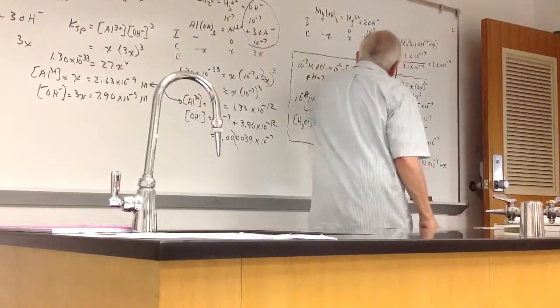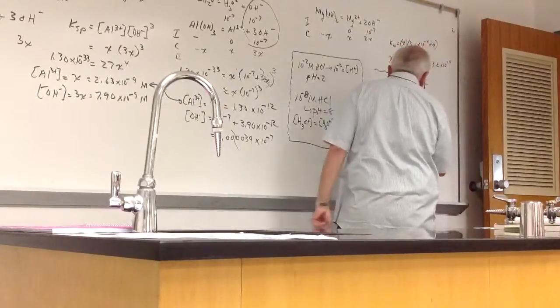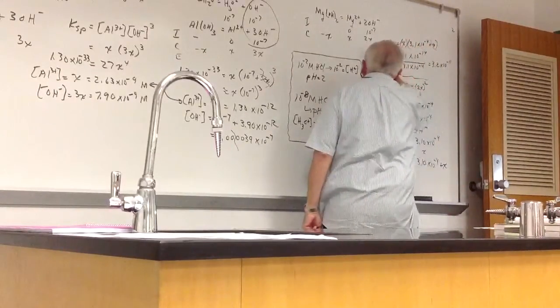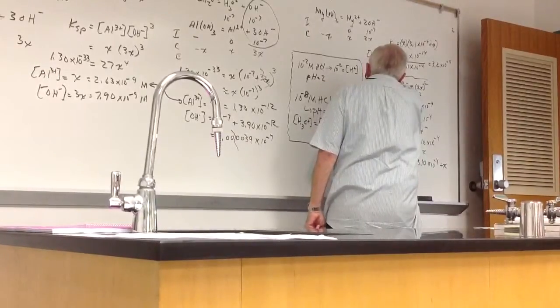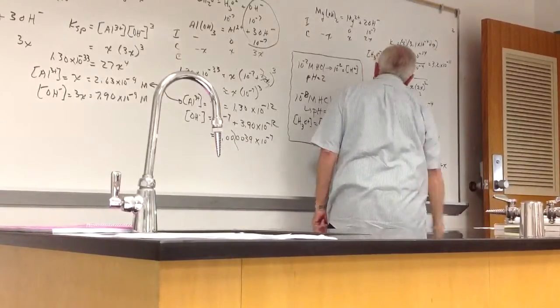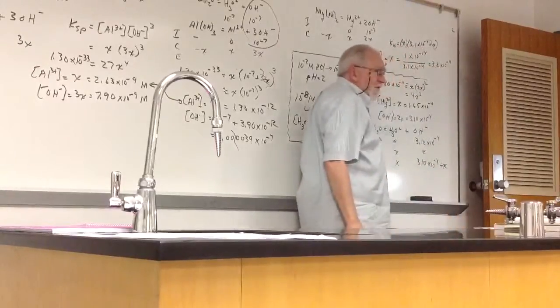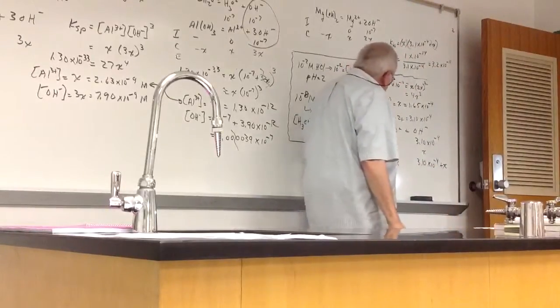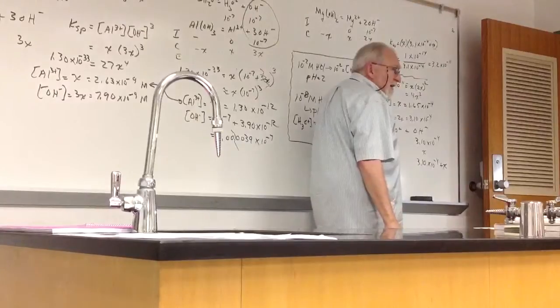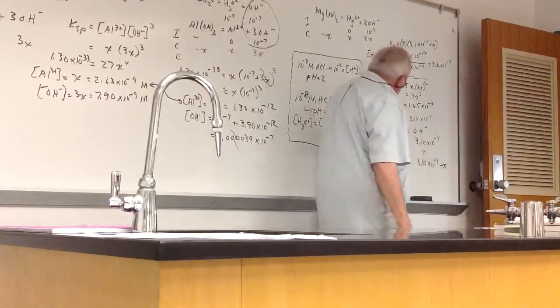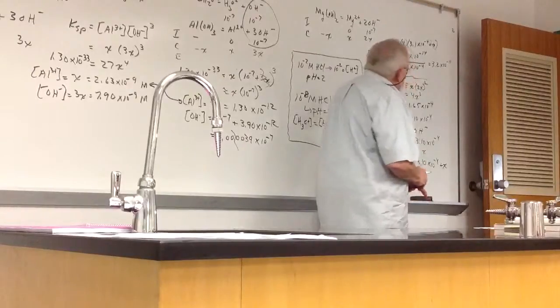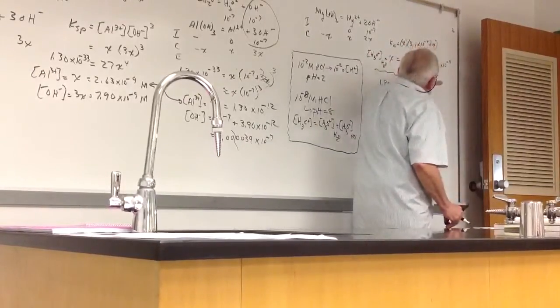So again, this X represented the hydrogen ion from water. That's what the subscript says. That's the hydrogen ion that I got from water. Now each time water dissociates to give me a hydrogen ion, it also gives me one hydroxide ion because they're formed in a 1-to-1 ratio. So I got this much hydrogen ion from water.